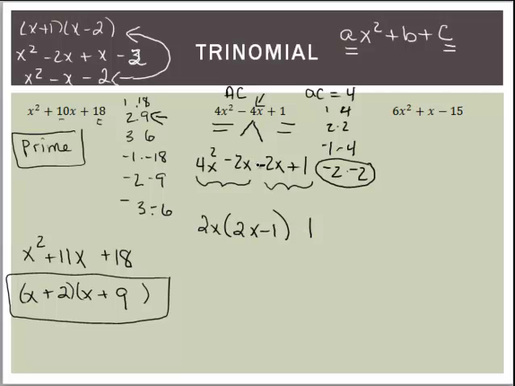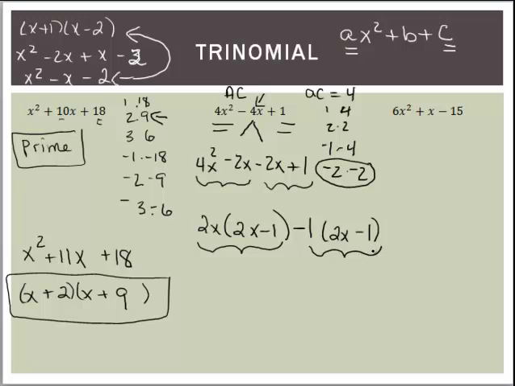But almost every time that's a negative, you're going to factor out a negative 1. When you factor out a negative 1, doesn't it change all these signs? And you end up with a positive 2x and a negative 1? Let's see. Negative 1 times 2x is negative 2x. Negative 1 times negative 1 is positive 1. Okay, so now it's factored.